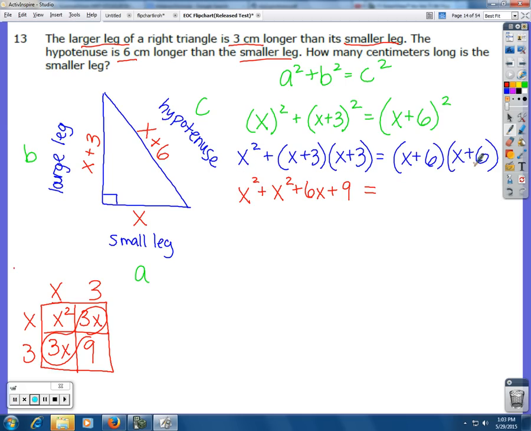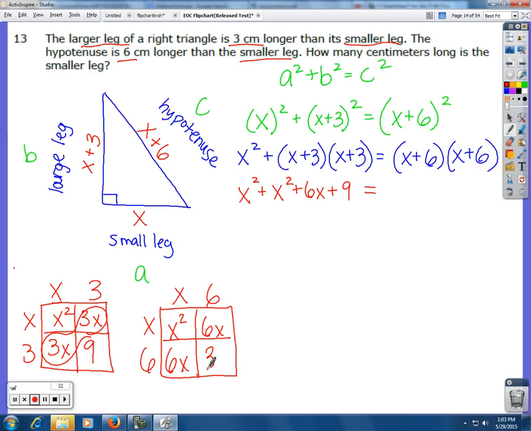On this side, I'm going to do X plus 6 times X plus 6. So that's going to be X squared, and I'm going to add my like terms there to get 12X plus 36.